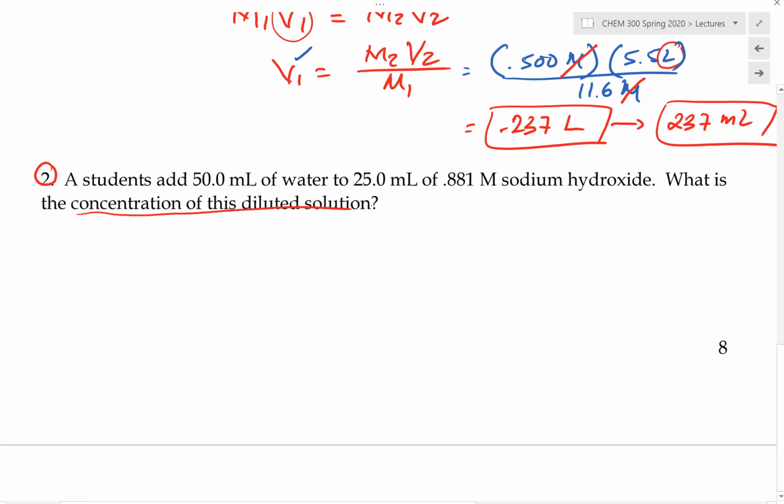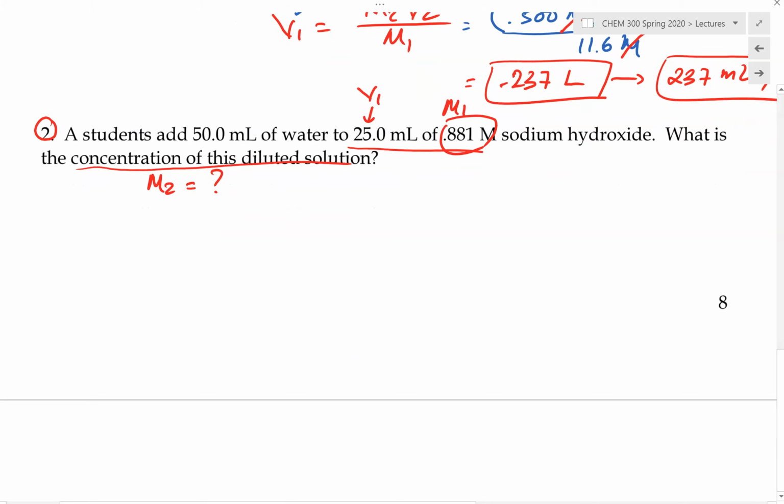In this case, the student adds 50 milliliter of water into a solution of this volume and concentration. So this 25 milliliter will be our V1, and this 0.881 molar will be our M1. Now it's asking us what is the concentration of the diluted solution, so essentially asking us to solve for M2.